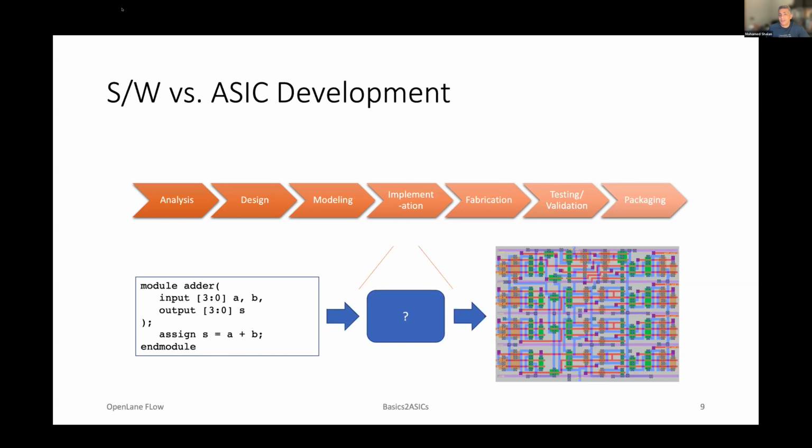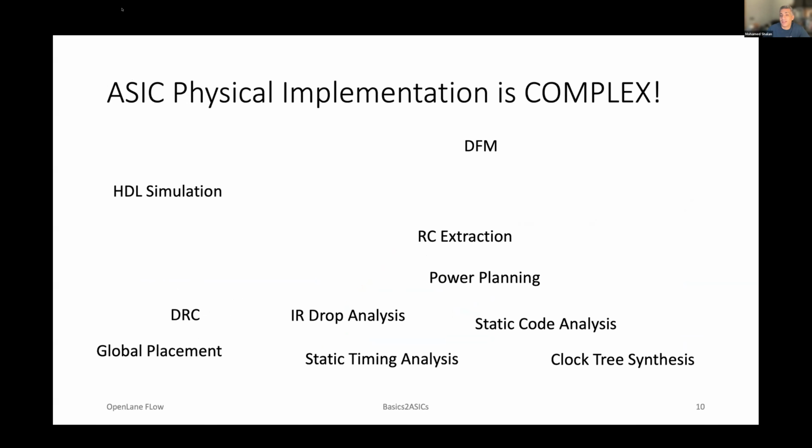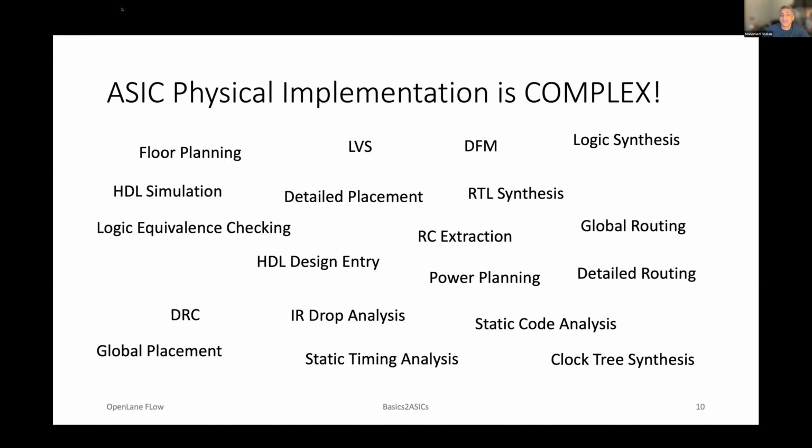This step, which we refer to as the implementation, involves lots of steps, and these are just a sample of the steps you might need to do to take the design from the HDL model, typically at the RTL level, and convert it into GDS2, which is a format used to represent the mask layout.